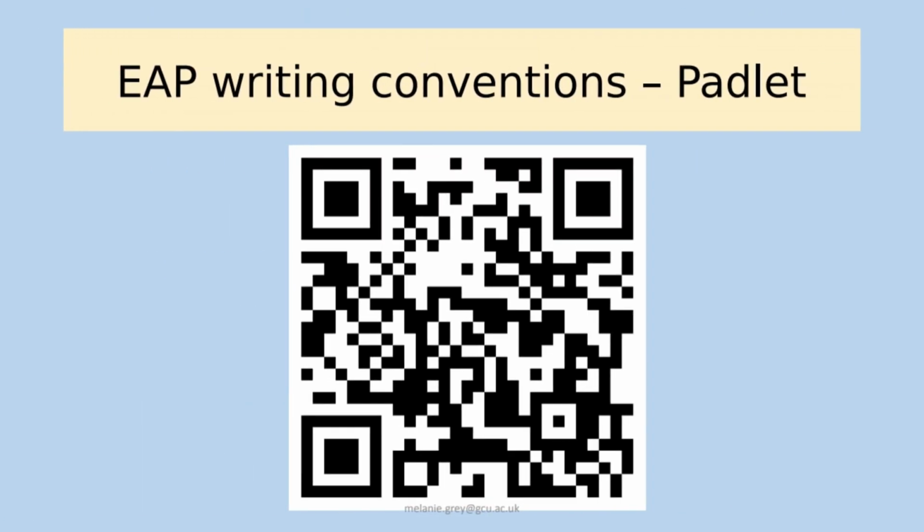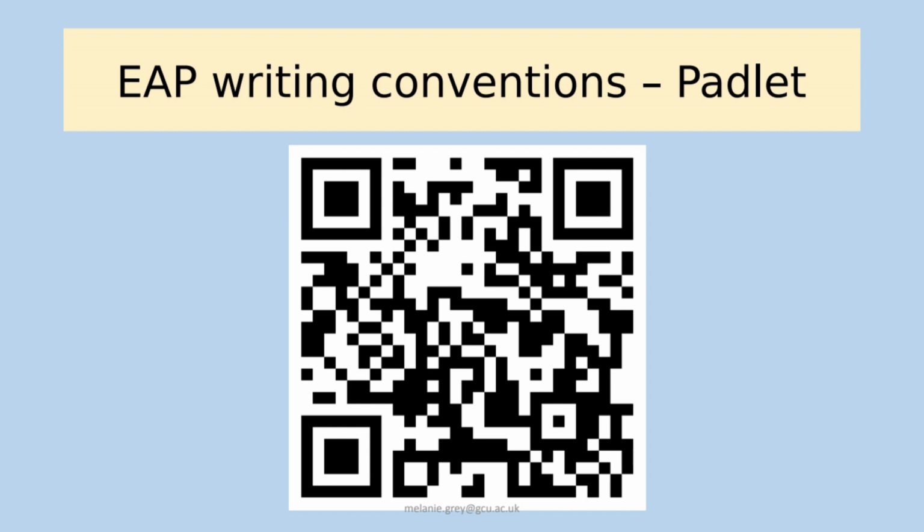So I have another Padlet. It's called EAP Writing Conventions. You can either take a picture of that, or I will copy and paste this one. There's lots of really good material on it, and it's also in the module. So the writing conventions. This is really useful. Academic style. You'll have a look at the columns, starting from the left.